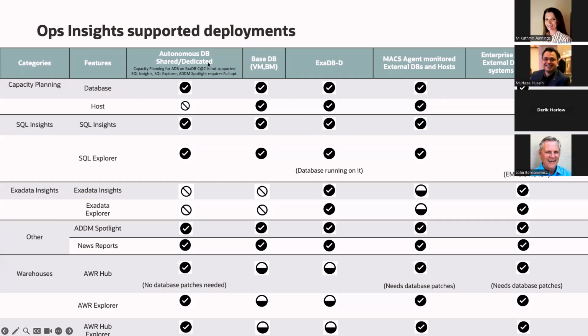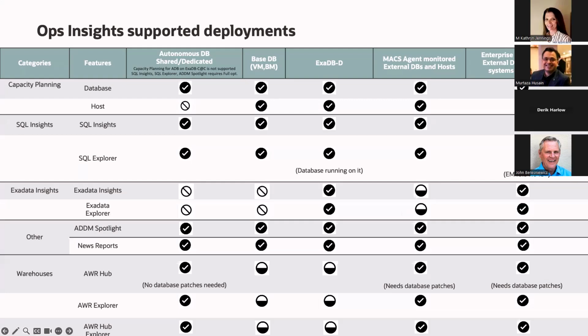We have support for autonomous, whether shared or dedicated, base DB, VM, and bare metal types. We also have support for ExaCS. Management agent support is there. We will also be adding management agent-based support for Exadata, which is Exadata XCC, coming soon.